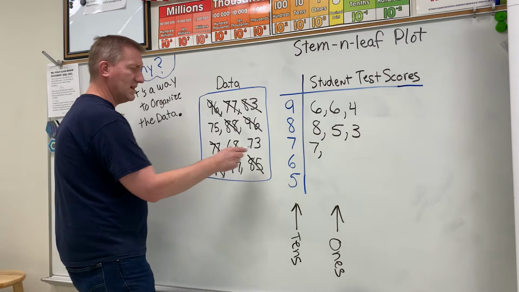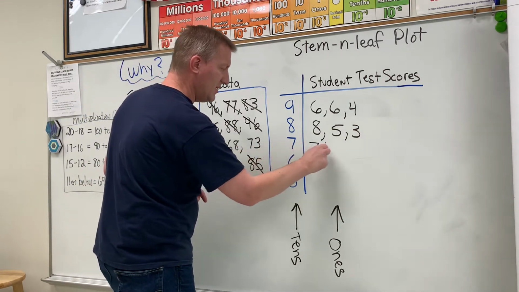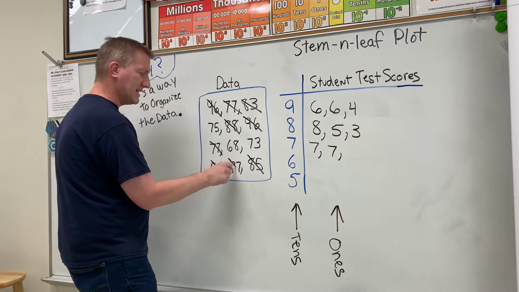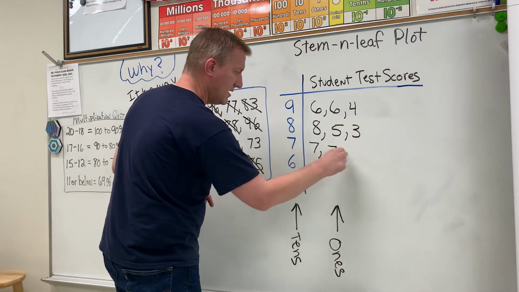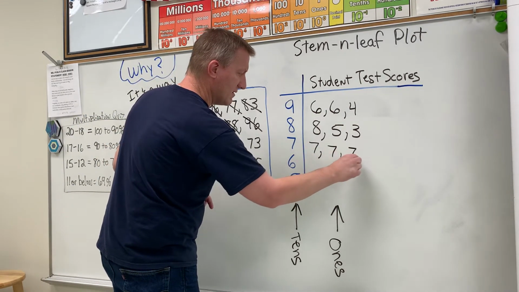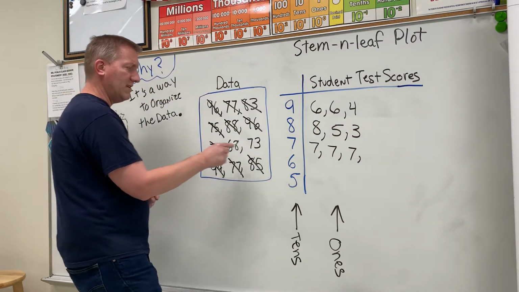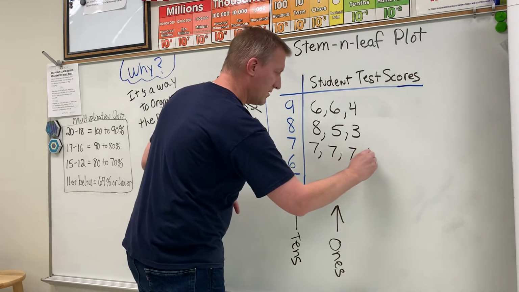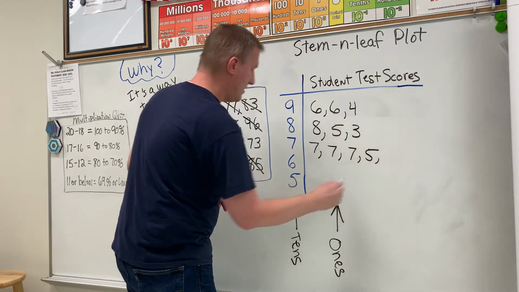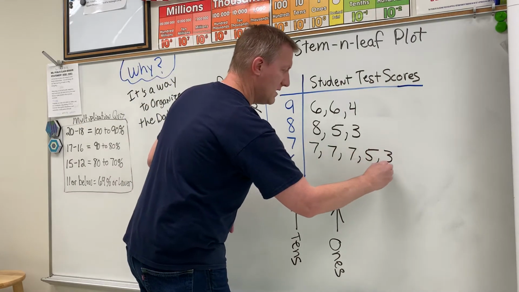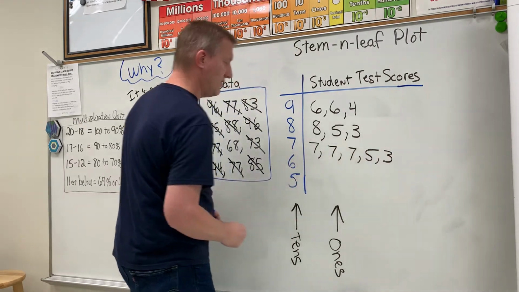Then I cross another one out, and I write another 7. I have a 7 here, and I'm going to write another 7. Then I have a 75, so I have a 7 here, then I write a 5, and then a 73. So I have the 7 and the 3.